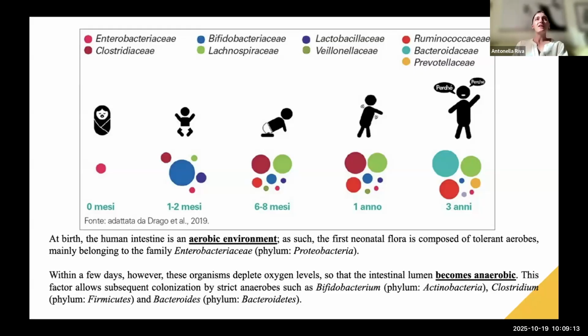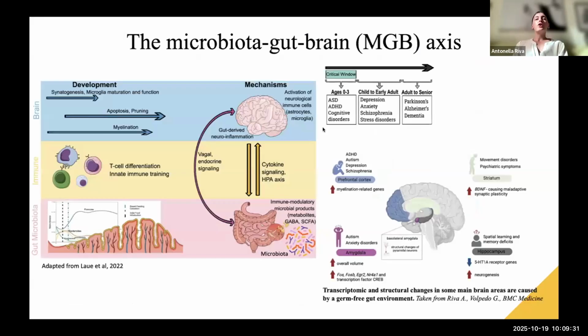But after a few days, they completely deplete the oxygen levels, so the bacteria turn to anaerobic species, which are more typical of the adult gut microbiota. We know that the critical window for the acquisition of the microbiota, when it is more plastic and external factors can influence its composition, is the first 3 years of age.